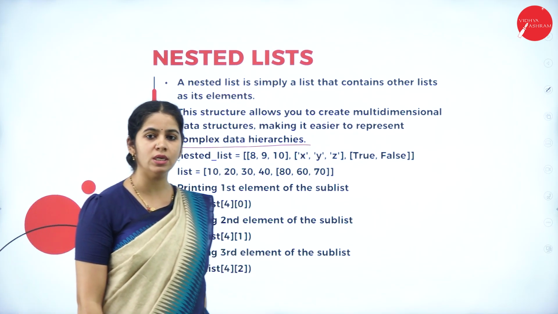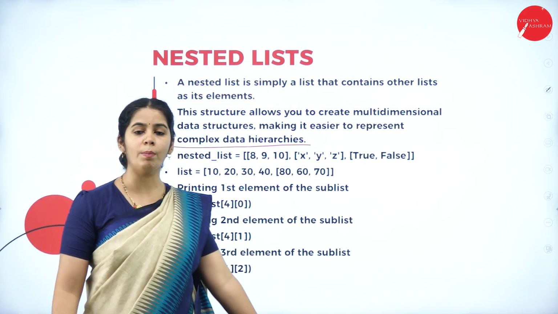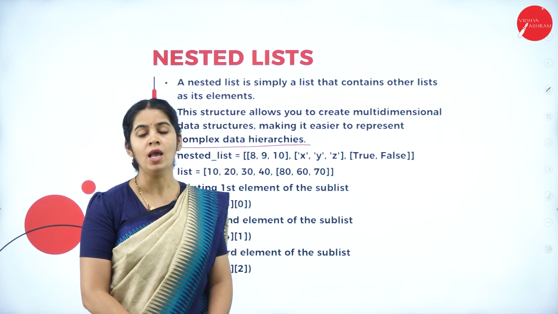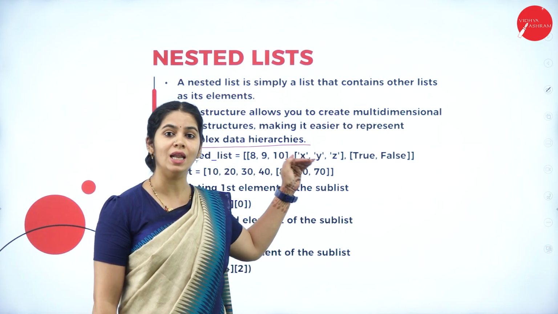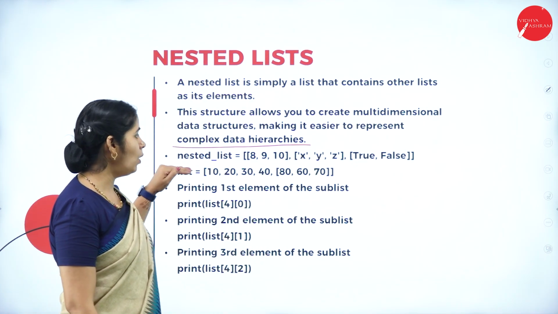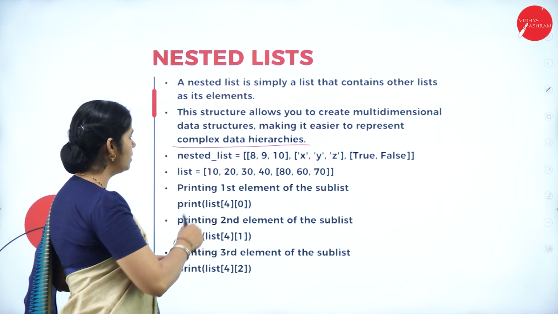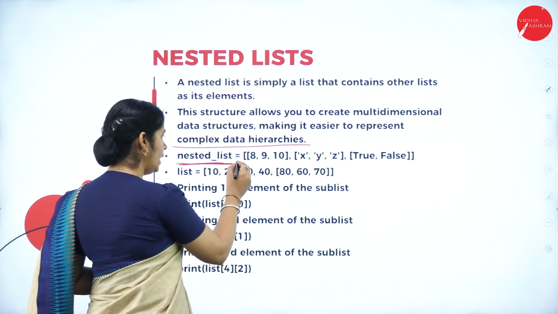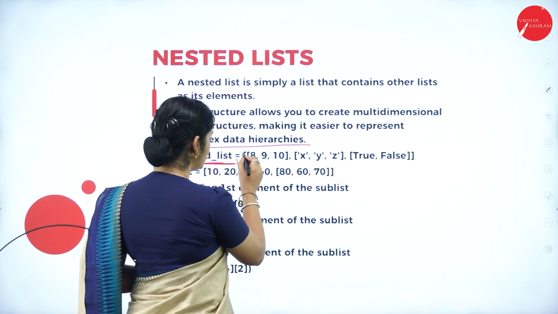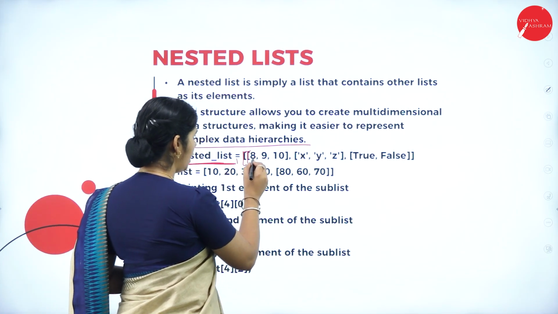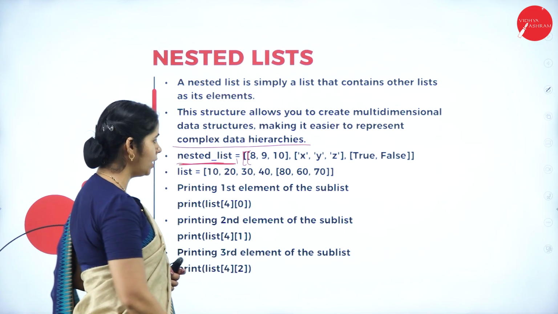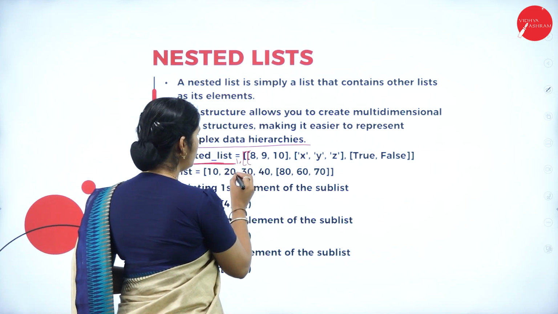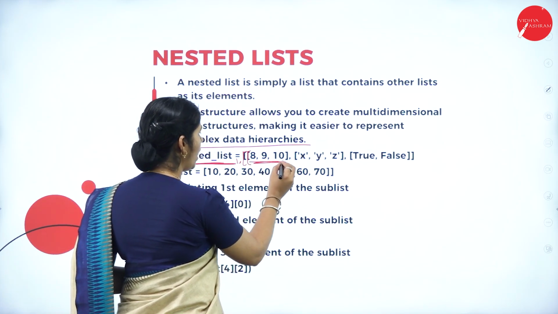When we have to represent a complex data hierarchy, at that time we are going to use a nested list. How are we going to declare the nested list? This is a list name; you can give any name for the list. Again, the assignment operator. Here you can see double opening square braces, because this is to nest the list, and this is one list.